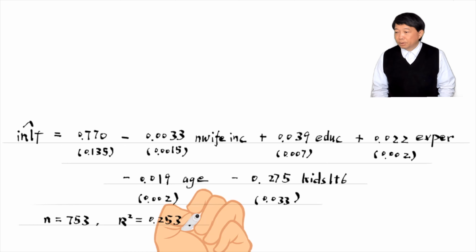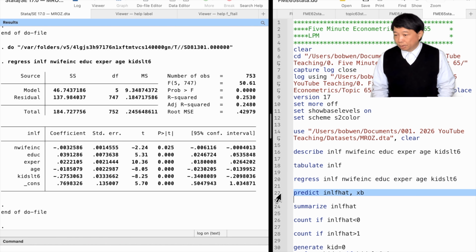Remember that the expected value of the outcome variable is the probability, which must lie between 0 and 1. However, in the estimated model, some y hats could be negative, and others could be greater than 1. Let us have a look at the predicted values of the probability of labor force participation in our model. We use Stata's predict command with the xb option to store the predicted values of y.